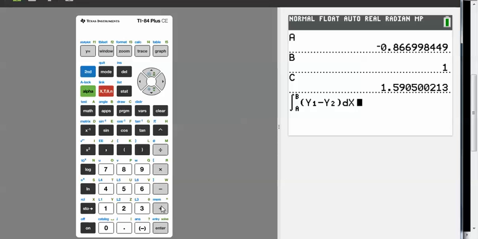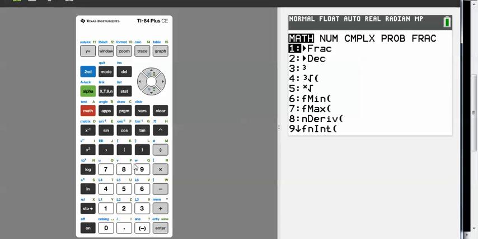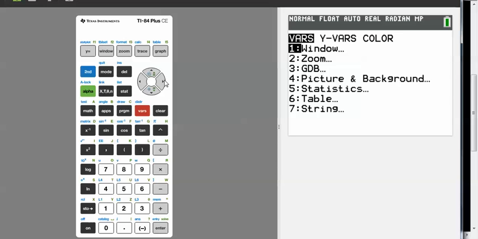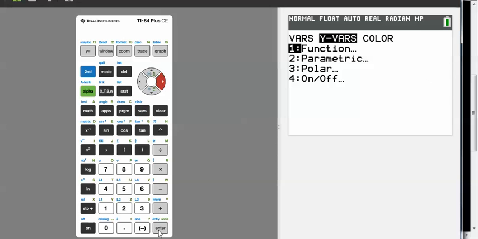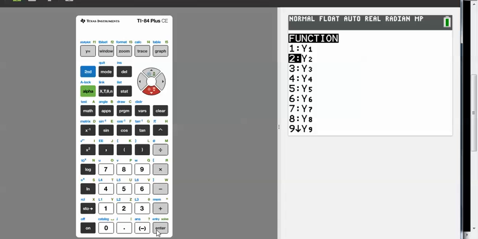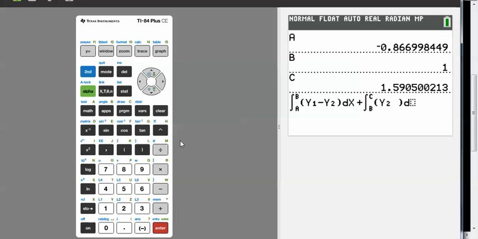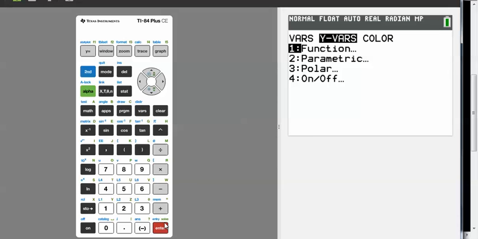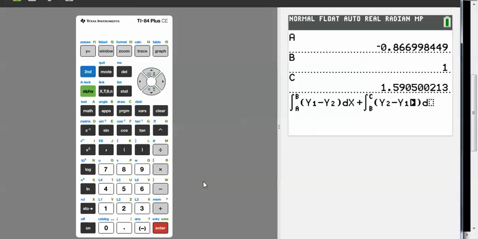Now I need to add to that, math 9, the integral from B to C. This time the upper is y2, minus y1.